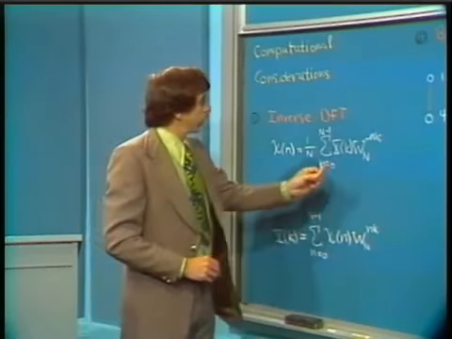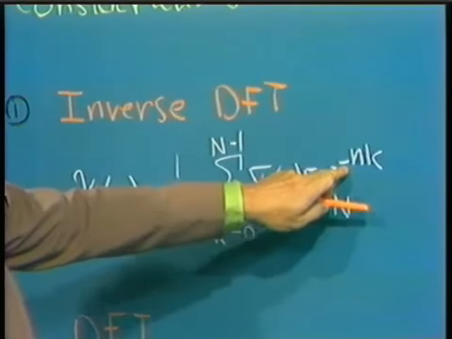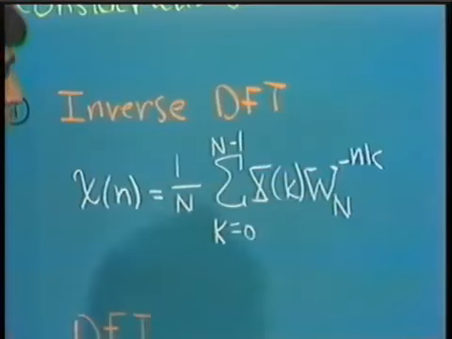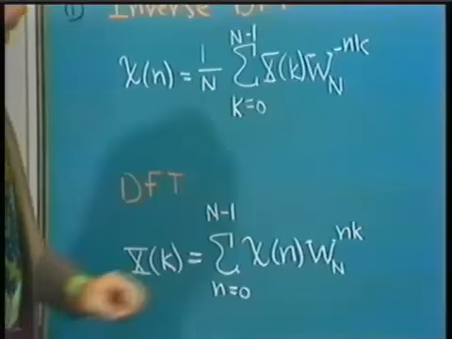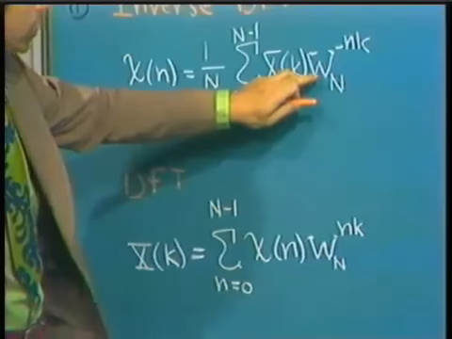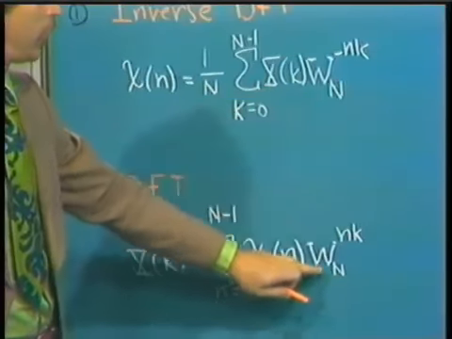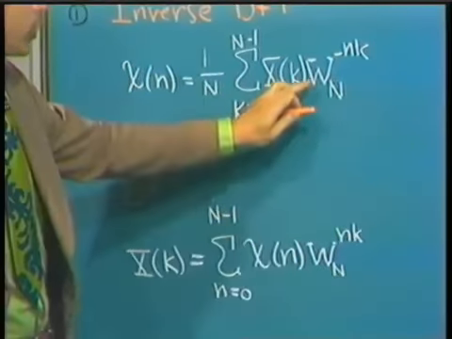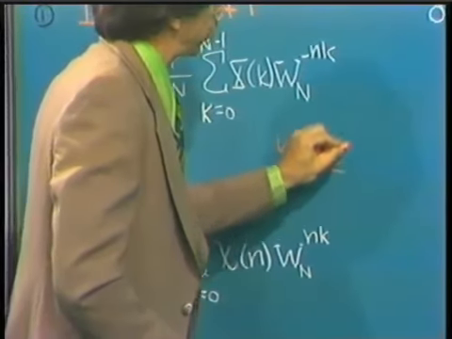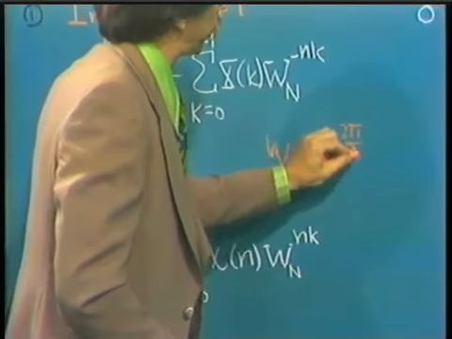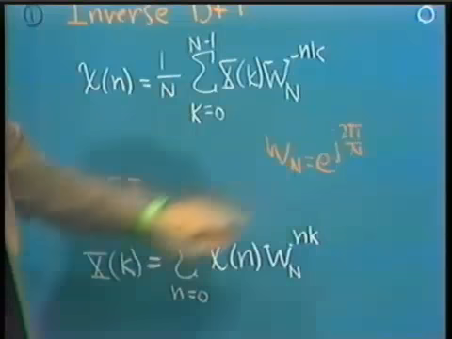And the other difference is the inclusion of a minus sign in the exponent in powers of w rather than a plus sign for the forward transform. That means, in essence, that these coefficients are the complex conjugate of these coefficients, because w sub capital N is e to the j 2 pi over capital N. This minus sign represents a conjugation of w.